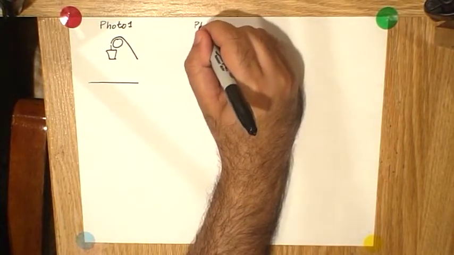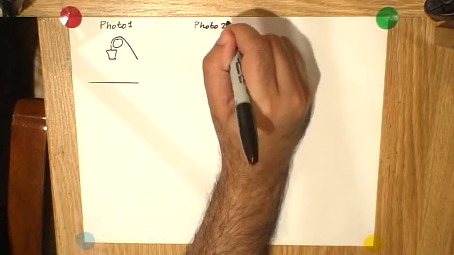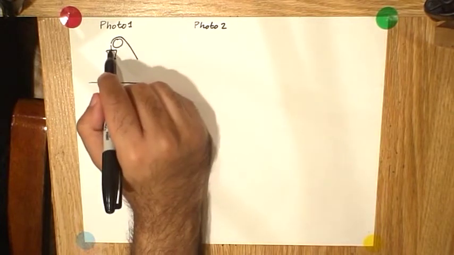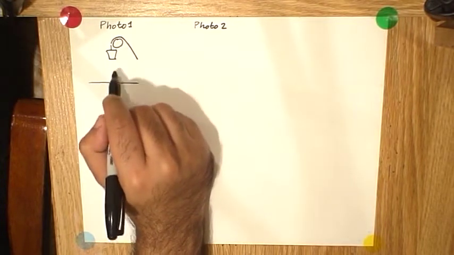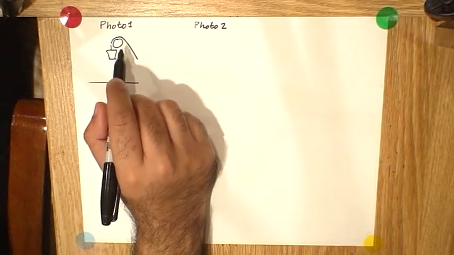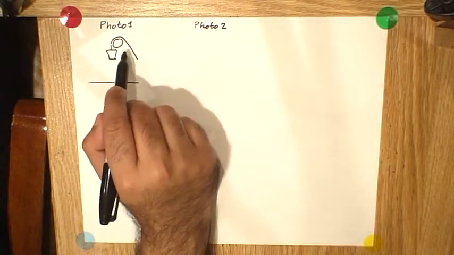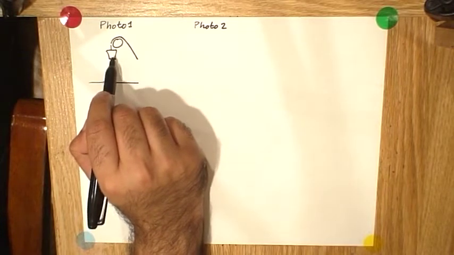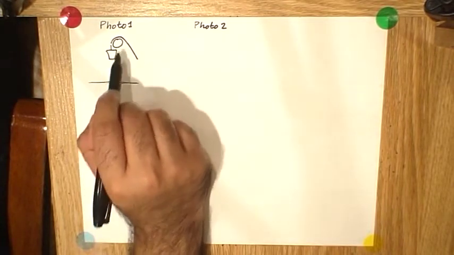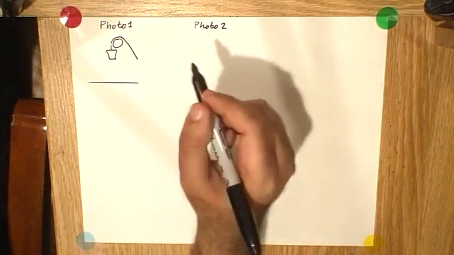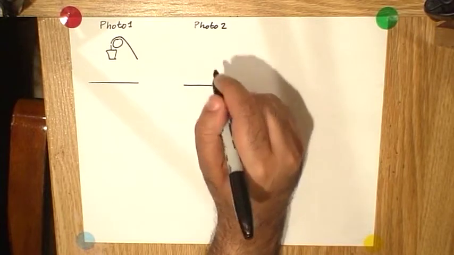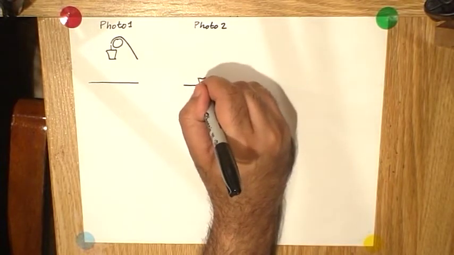But as we get to photo 2, this rope starts moving and the bucket starts descending. The pulley wheel is reasonably massive, so some of the original energy due to the potential energy of the bucket is going to get transferred not only to the KE of the bucket, but also the rotational KE of the pulley wheel. So it might look something like this.